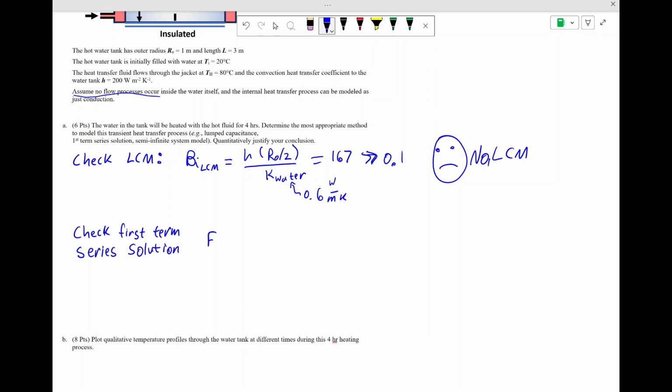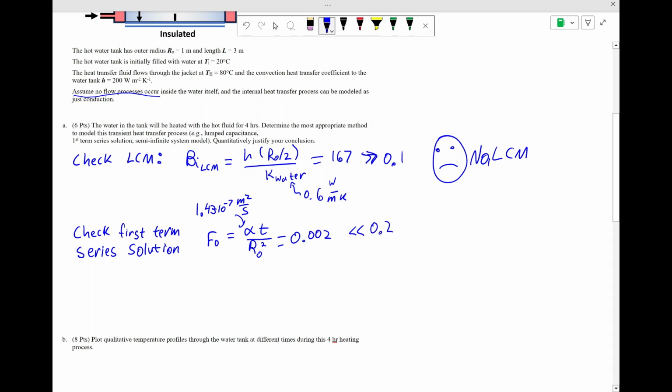Here we've got the Fourier number, Fo, and that's defined as alpha times t over the radius squared. When we plug that in, alpha for water is like, let's say, 1.43 times 10 to the minus 7 meters squared per second. So we'll get the Fourier number is 0.002, and that is not less than our normal threshold of when it's safe to use just the first term.